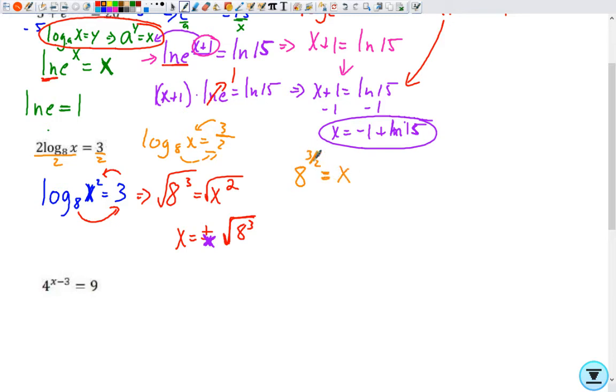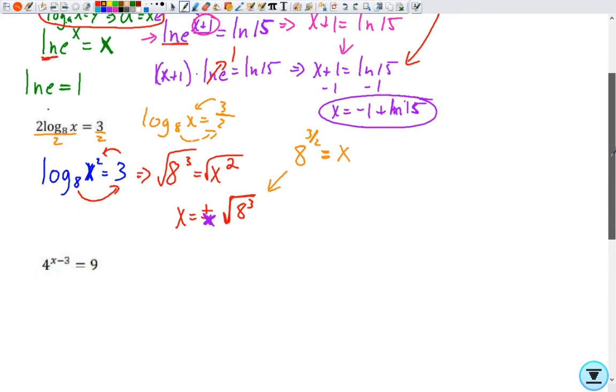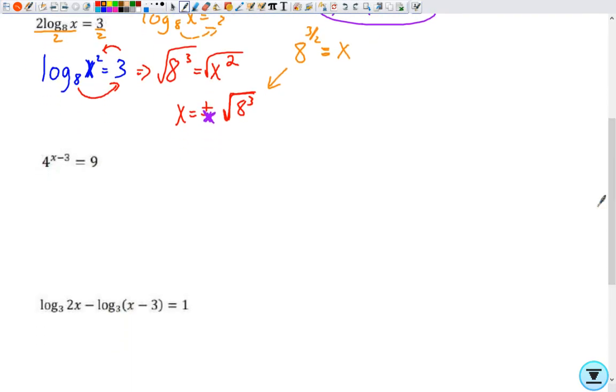And 8 to the 3 halves power is the same thing as the square root of 8 cubed. So it just depends on how you want to do things. And again, that's part of the brilliance of math, that you can do things more than one way.